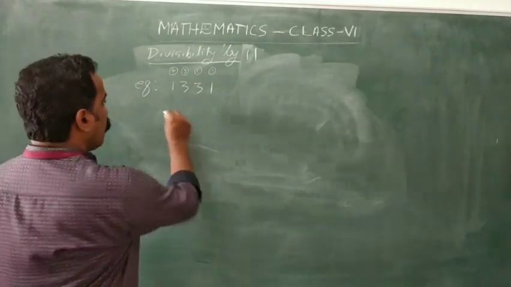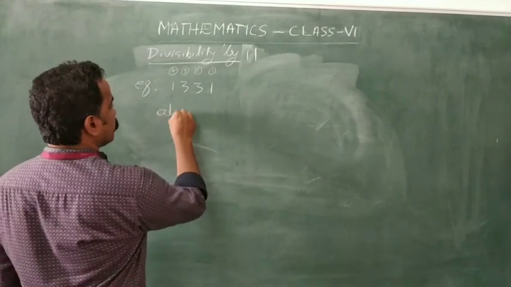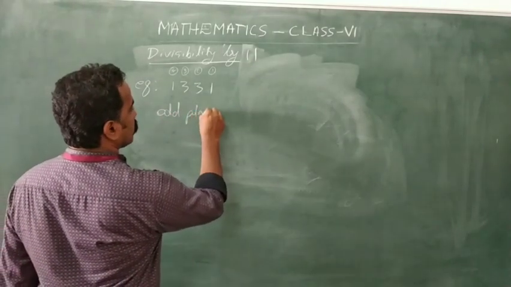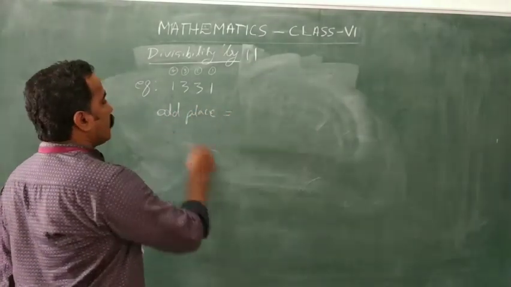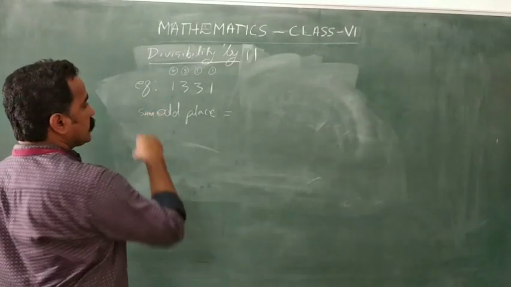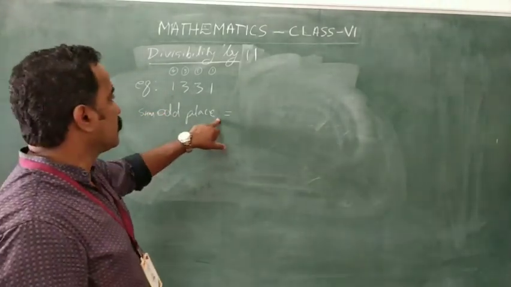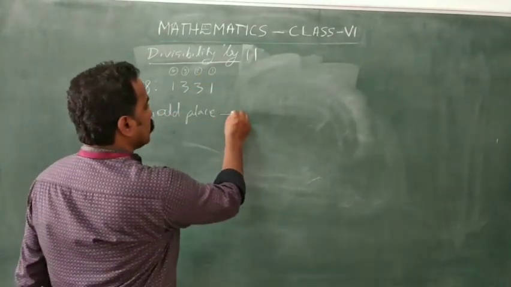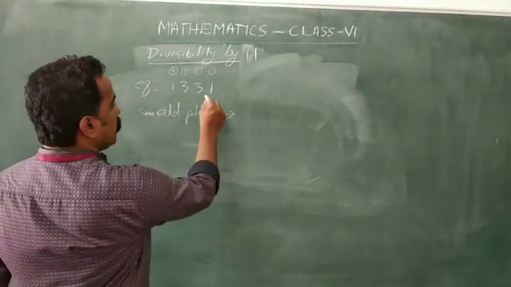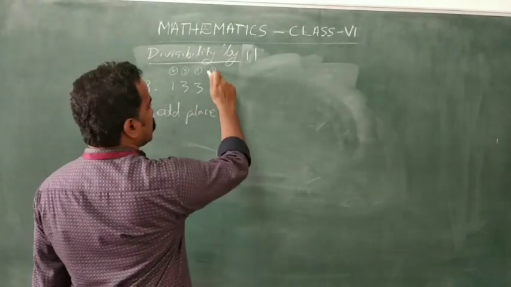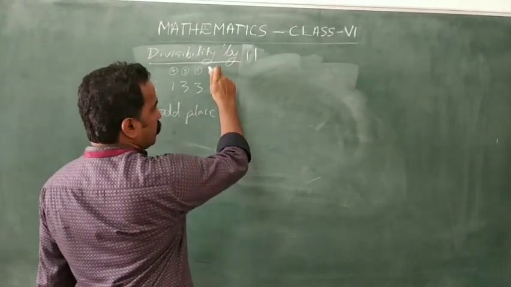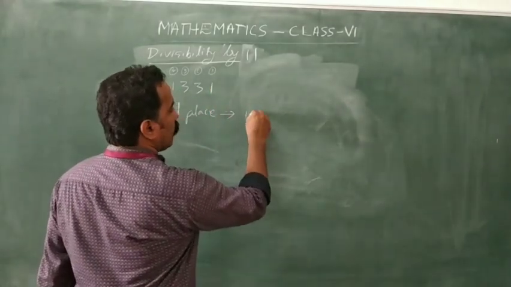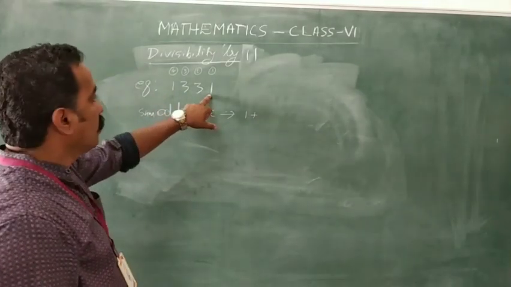Now consider the odd places. What are the digits in the odd places? The ones place, the first place, is 1.